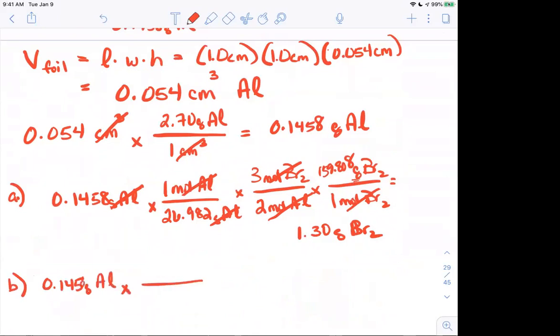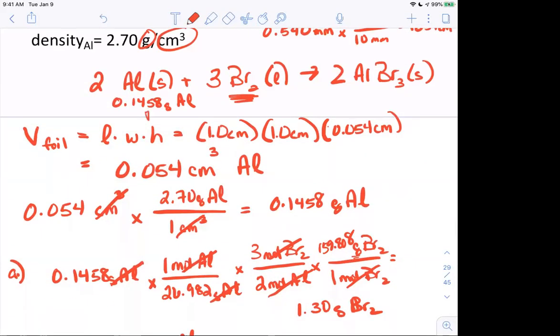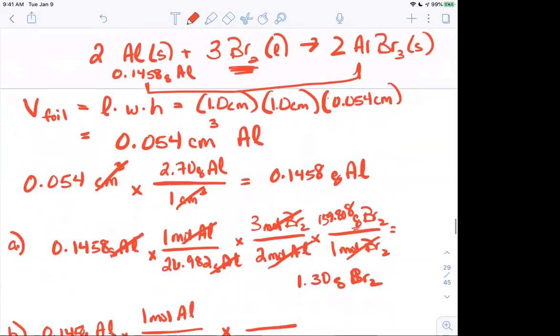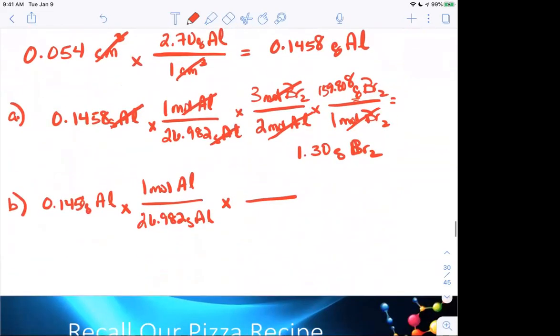I already know that 1 mole of aluminum is 26.982 grams of aluminum. Here now, I am looking between aluminum and the product. So that's a different mole ratio. That's 2 and 2. So for every 2 moles of aluminum, I make 2 moles of AlBr3.